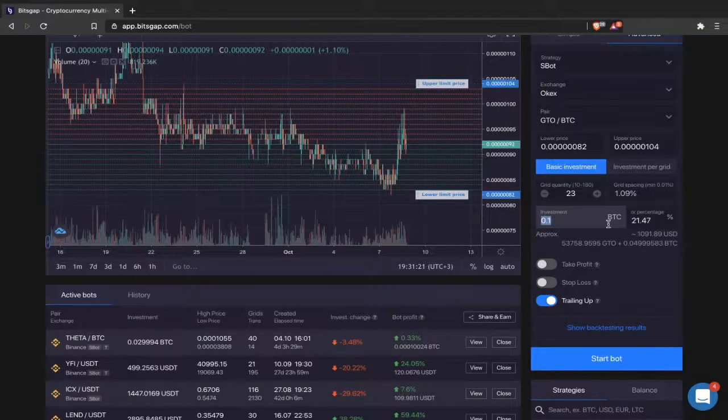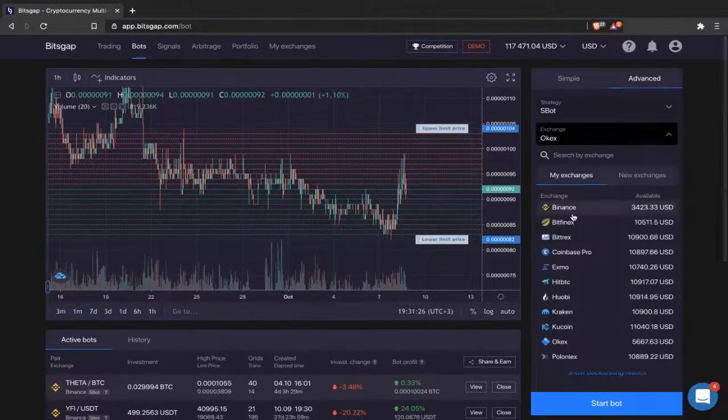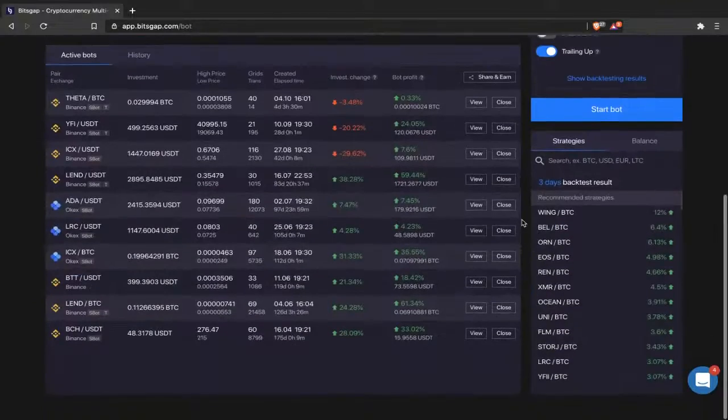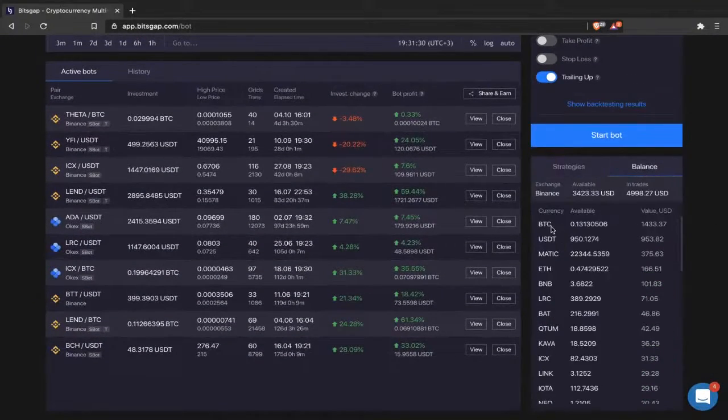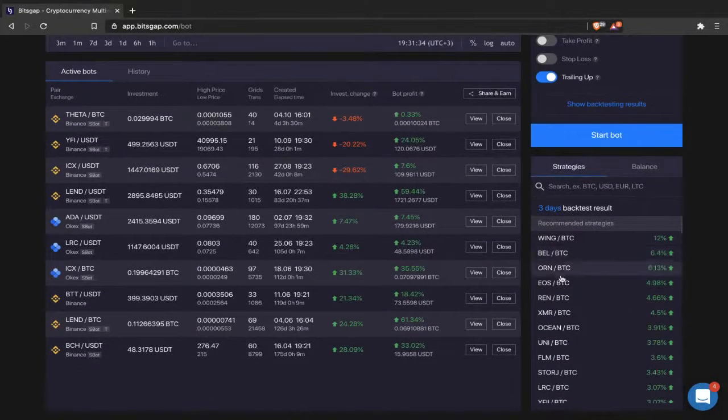So maybe let's use another example. Let's maybe switch to Binance Exchange. Let's check the balance. You see, I have some Bitcoins. Okay, in this case, let's trade with Bitcoins. Maybe EOS trading to Bitcoin.